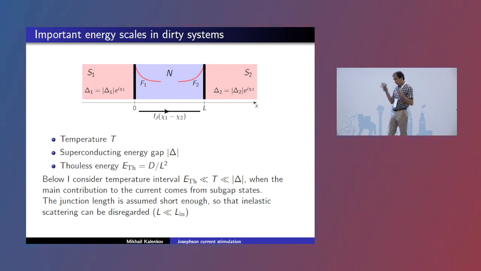And in the following, simple expressions will be obtained in the limit when the temperature is in between the Thouless energy and the energy gap. And for simplicity, I also assume that the metallic region is short enough so that we can disregard the inelastic processes.